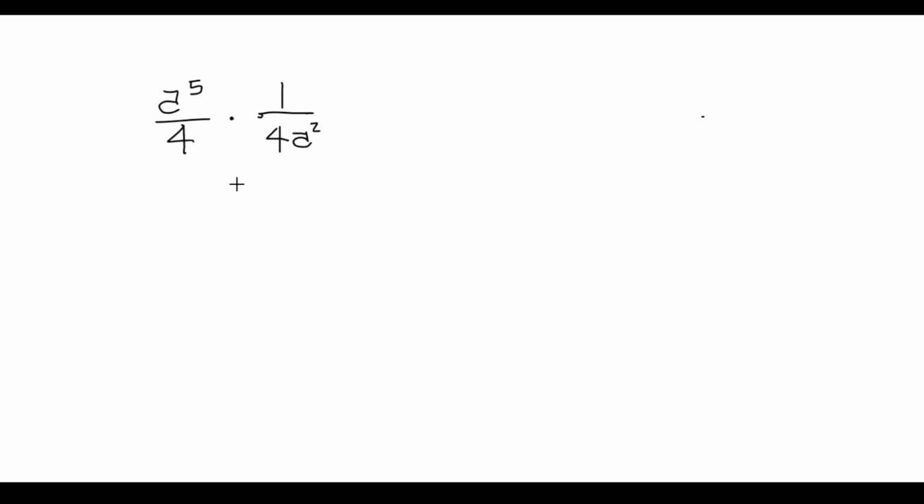To multiply and simplify this expression, first we factor the a to the power of 5 so that we can eliminate the a squared in the second expression's denominator. We take out the a squared, and a to the power of 5 divided by a squared gets a cube, divided by 4.